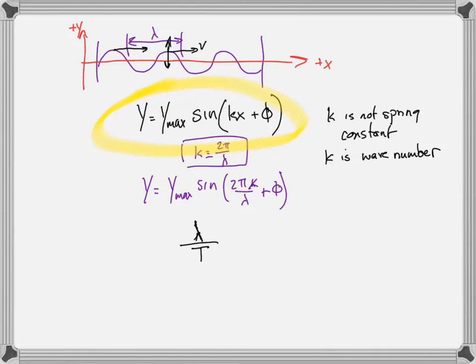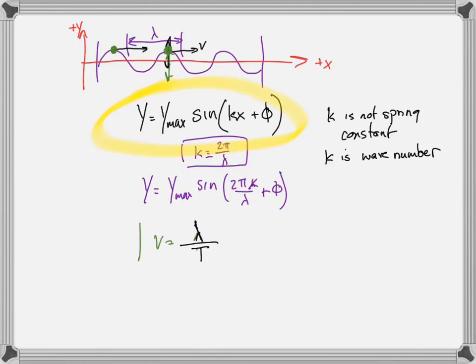If this wave peak goes from here to here, in that time any point on the wave will move all the way down and all the way back up again. So each one has gone through a full cycle. So it takes a time, capital T, the period, for the wave to move a distance lambda. That is the speed of the wave. The speed of the wave is lambda over T.